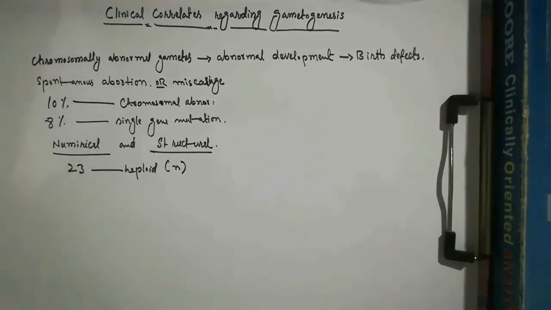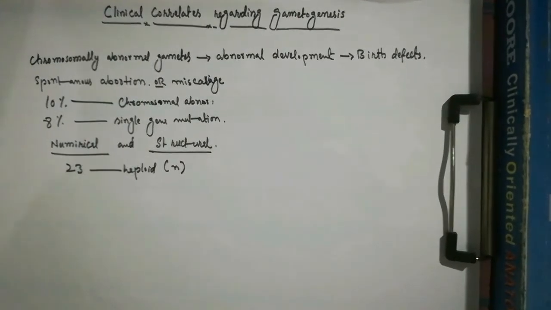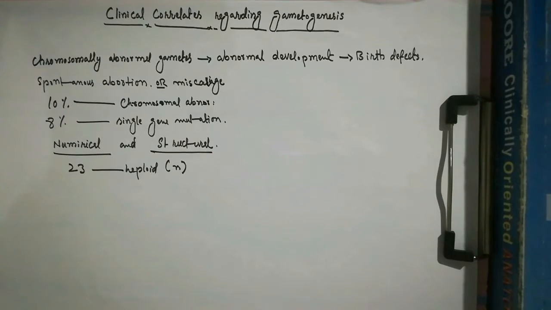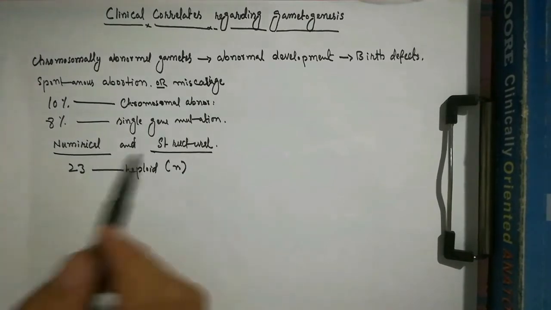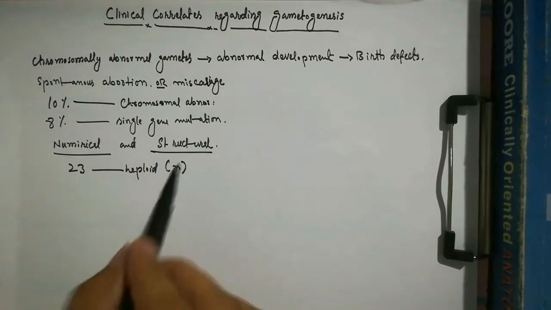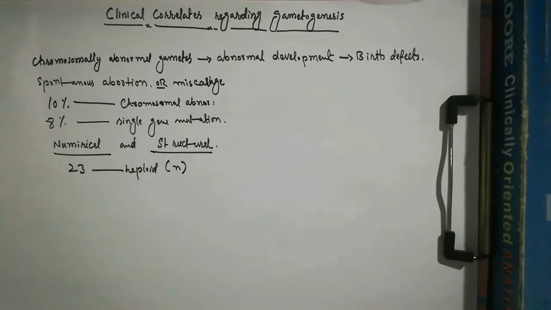And if a gamete has normal chromosome number but one or more chromosomes have a defect in normal structure, this is called structural chromosomal abnormality. For example, deletions, large deletions or microdeletions.